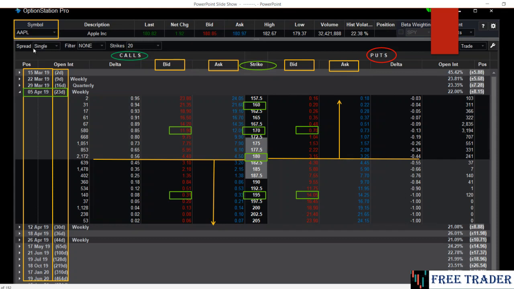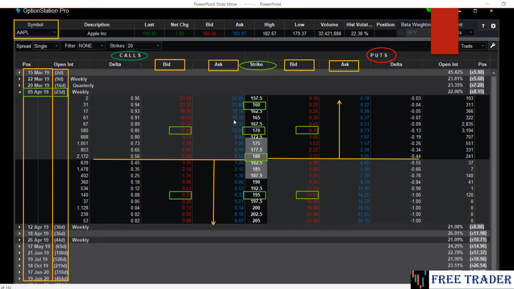I'm talking about a single spread. When you think the stock will go up, you just buy that call option. A put option, when you think the stock will go down and you just buy a single spread of that stock, and you will control 100 shares of that stock.